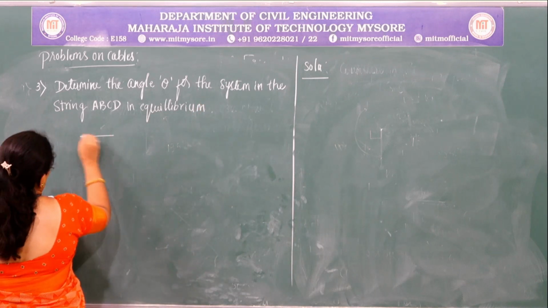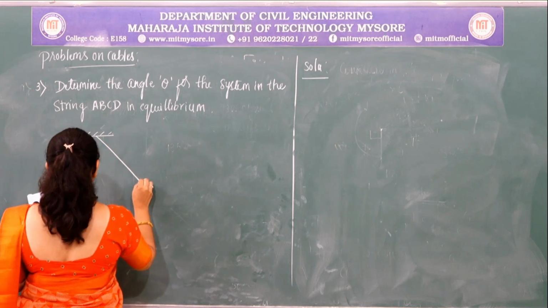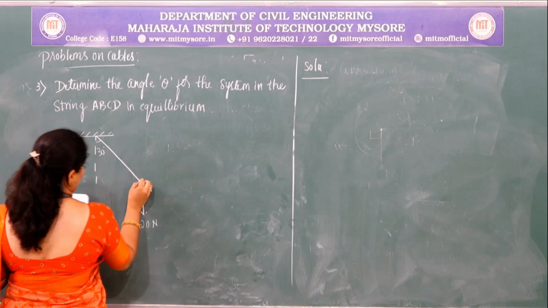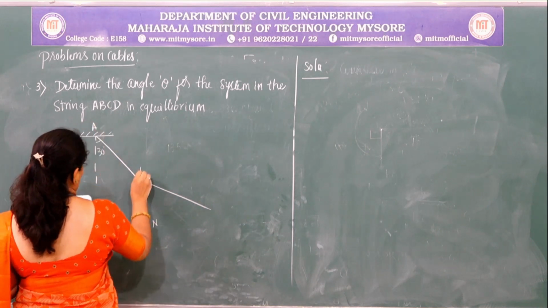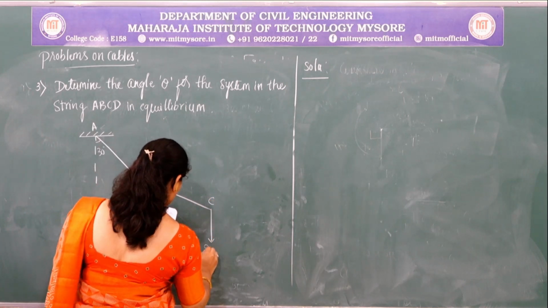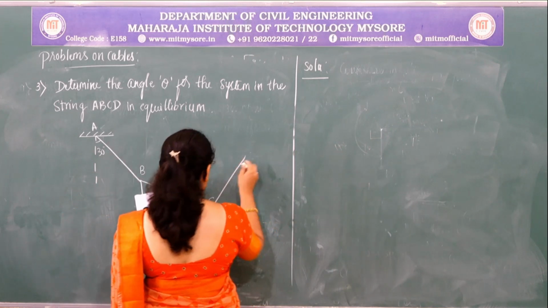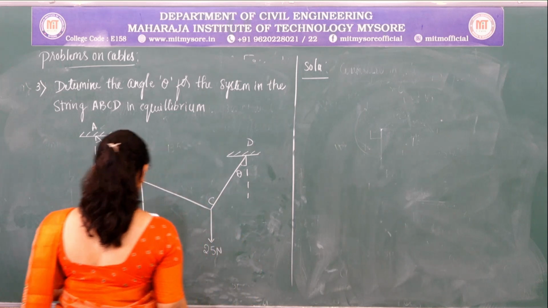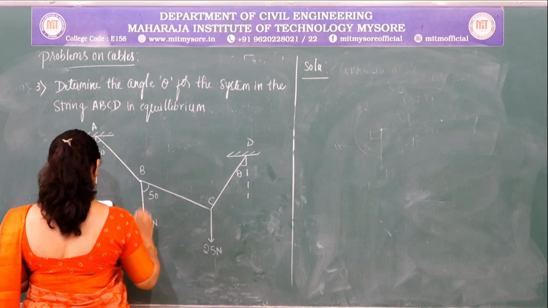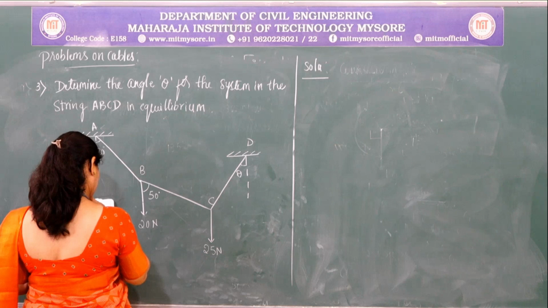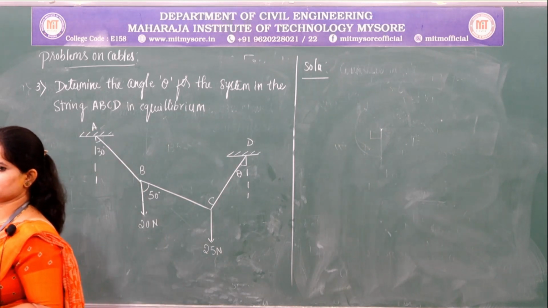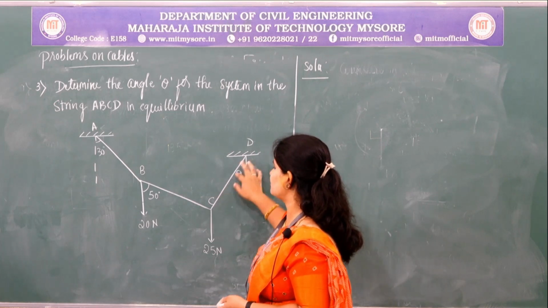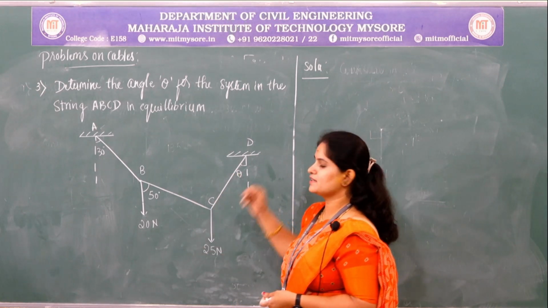So the given figure is... In the given figure, we need to find out the value of theta, which is nothing but the inclination angle of the tensile force which is developed in the string CD.